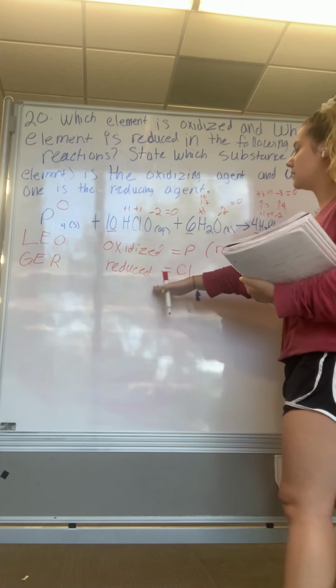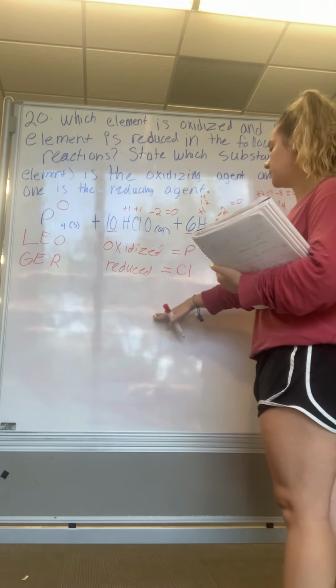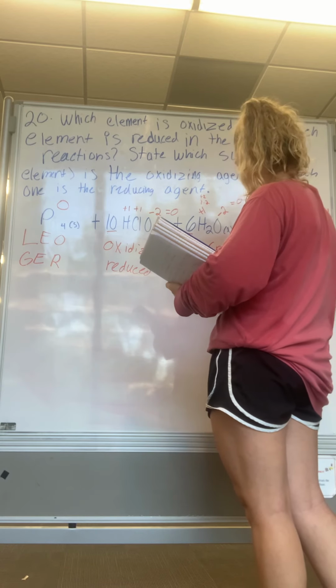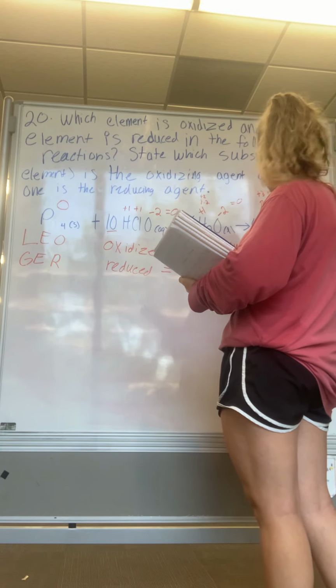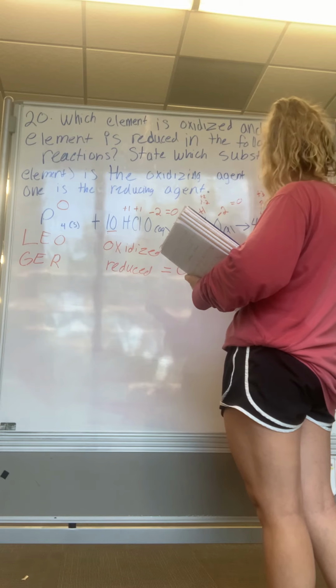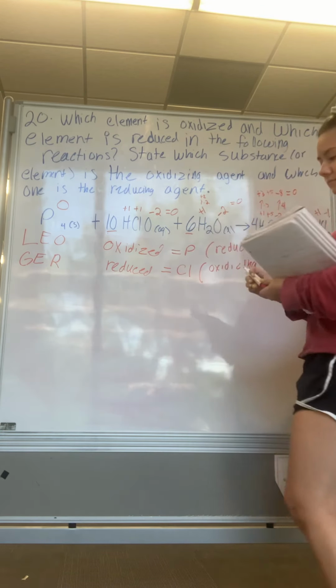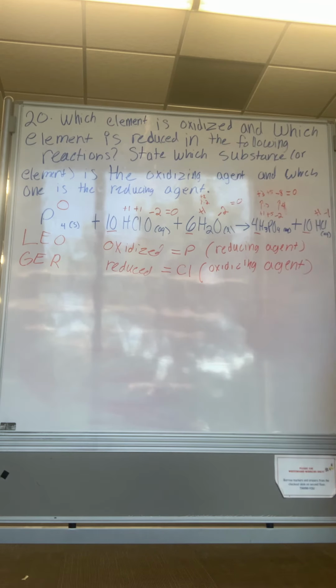And vice versa, if chlorine is being reduced, it's the oxidizing agent. So now we know that P is oxidized, Cl is reduced, and that means that Cl is also the oxidizing agent and P is the reducing agent.